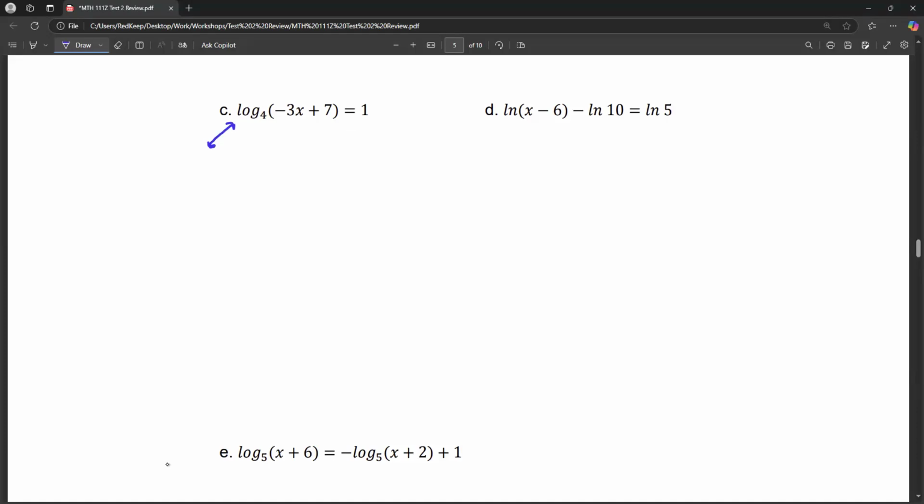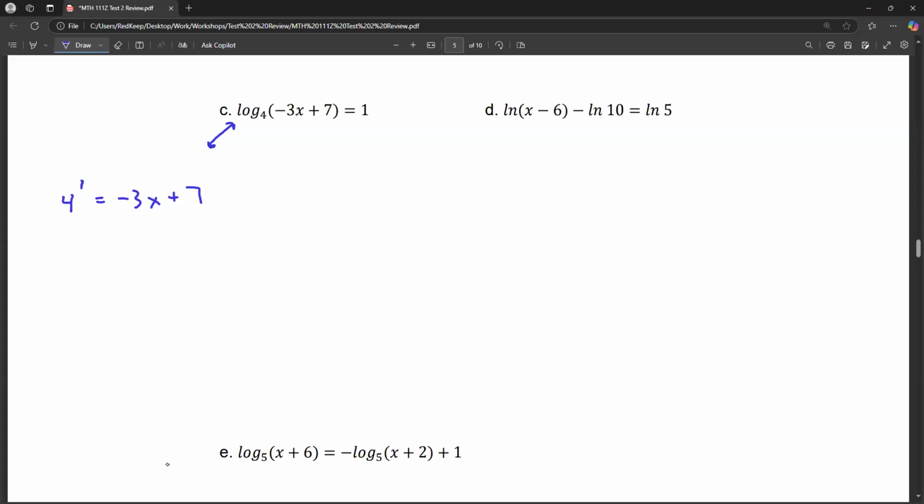If this is true, then this is true, right? We take our base and raise it to the power of our output, which is 1. And then this would be equal to the argument inside the logarithm, negative 3x plus 7. So this is the exponential form of what we're given in part C.